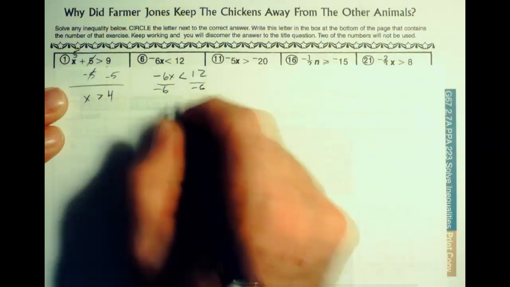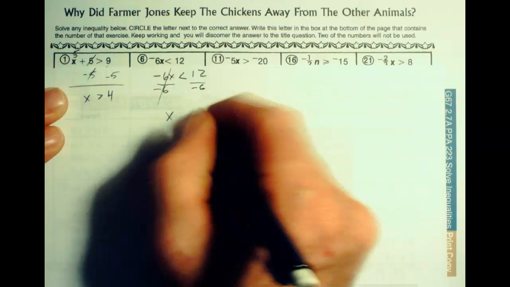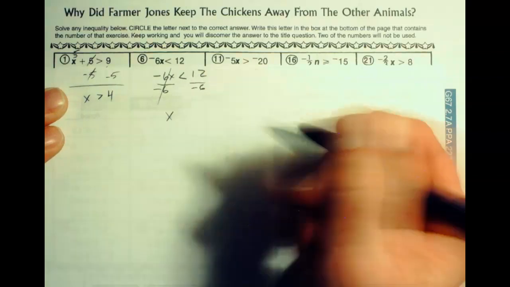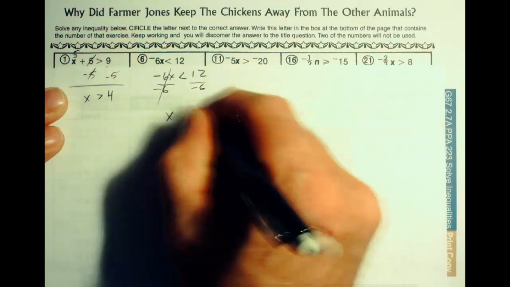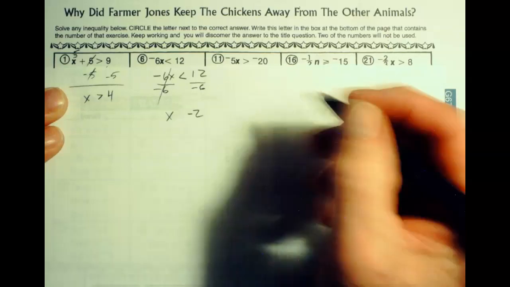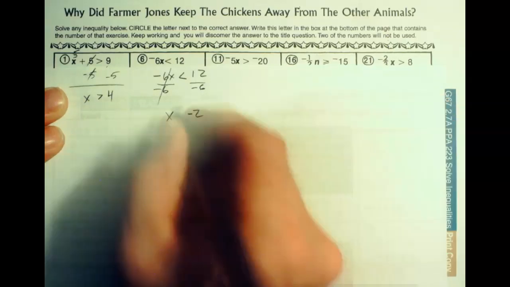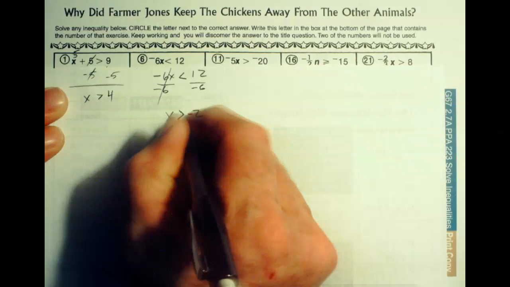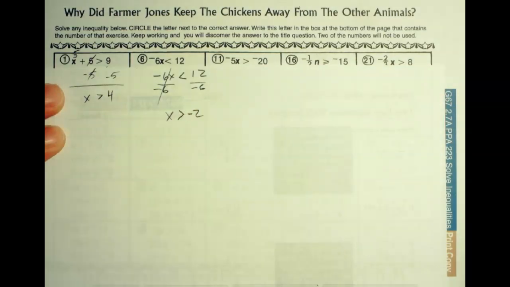So these cross off. We have x, 12 divided by 6 is 2. It's going to be negative 2. And we have to flip the inequality sign around. So x has got to be greater than a negative 2.